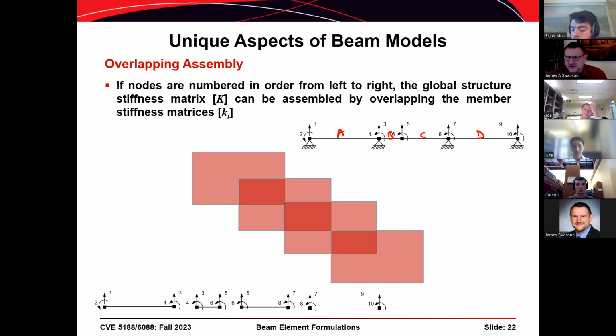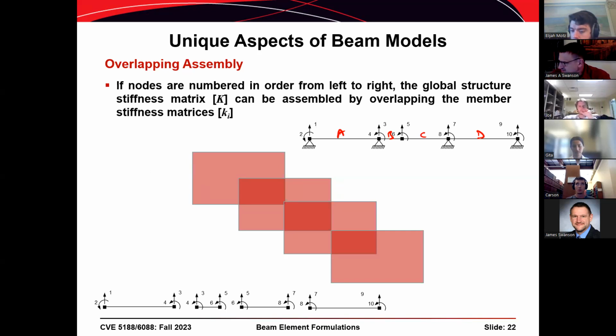And unless you were to number the elements in a very strange way, you always end up with the upper left 2 elements of a stiffness matrix overlapping with the lower right 4 elements from the member to the left. And so our assembly process is much simpler in this case than it is in the case of a truss, where you have almost arbitrary degrees of freedom at the ends of the member.